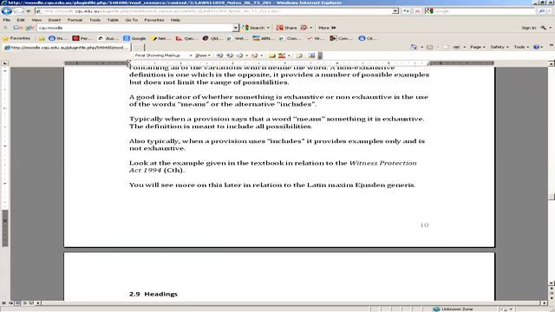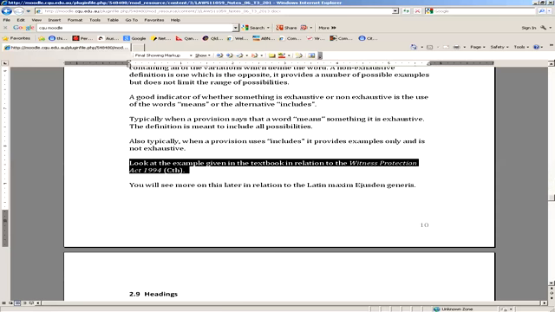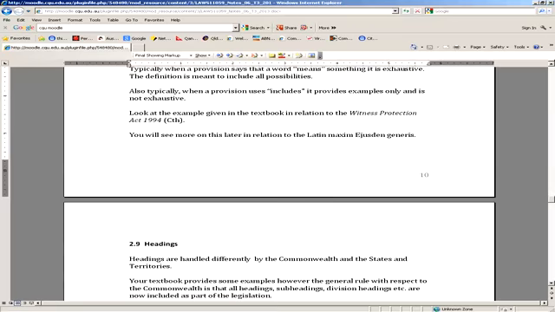So they give the example of the Witness Protection Act 1994, not an act I've had any familiarity with because it's really criminally focused, and we get this first introduction here to ejusdem generis, which is a Latin maxim, which you'll see every now and again, different Latin maxims or Latin phrases being used because they help us to describe a lot of information in a short way, in a couple of words.